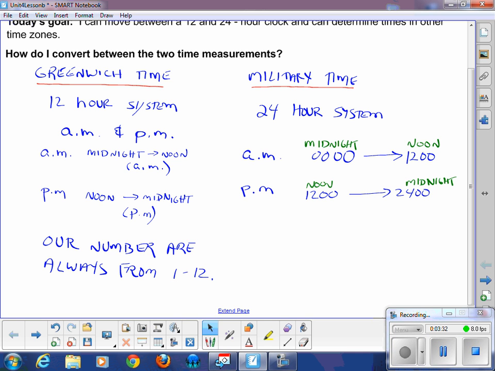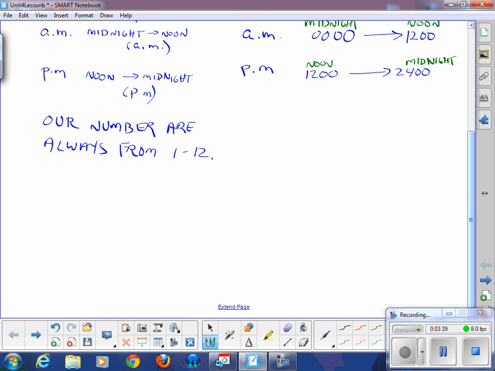So the strategy to go from one system to the other is this. For AM, all we have to do is change the notation. No changes are required.